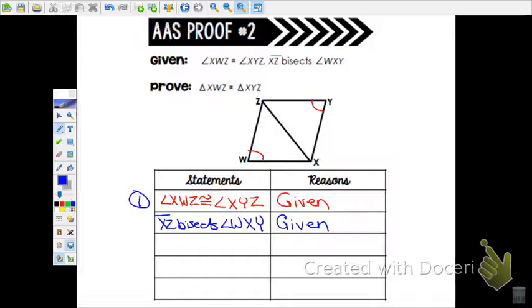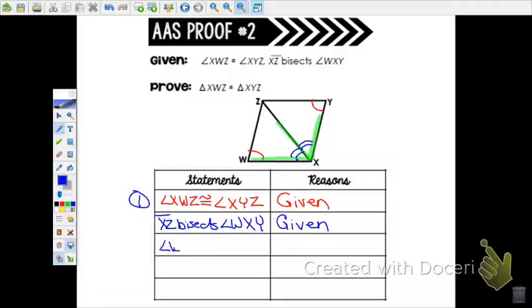So when I look at that statement, I have angle WXY that is being bisected by segment XZ, which means that I have angles that are congruent.